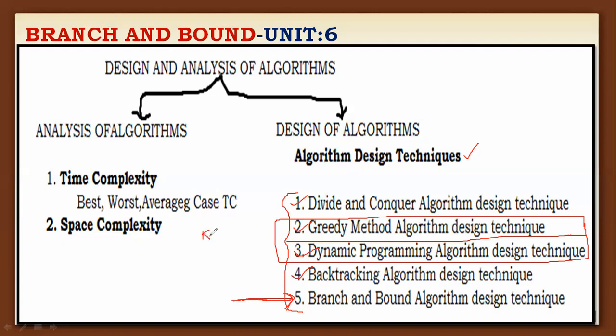Suppose, let me tell you, there are some problems which cannot be solved by using greedy and dynamic programming, like the knapsack problem and also the traveling salesman problem. When the greedy method and dynamic programming method cannot produce optimal results for the knapsack problem and the traveling salesman problem, these problems can be solved in an efficient manner by using a new algorithm design technique called the branch and bound algorithm design technique.